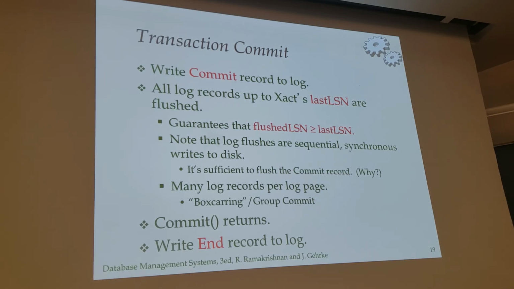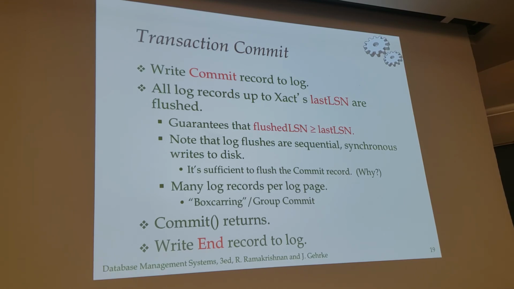But so when you write the commit record to the log, all the log records up to the transaction's last LSN have to be flushed. Now, they may have already been flushed, because again, remember the log is shared by lots of different transactions. It's not a separate log for each transaction. The LSNs go, constantly increasing with a whole bunch of different transactions being written to the log.